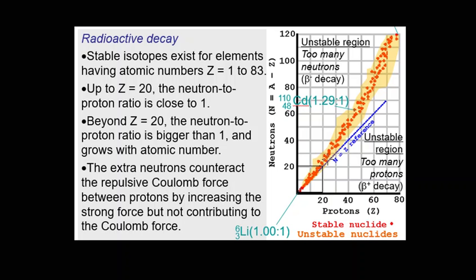After that, you start gaining more and more neutrons until you have way more neutrons than protons, and it just all becomes kind of ridiculous, and nothing wants to stay together because the Coulombic force is able to overcome the strong nuclear force just by sheer numbers and distance. Okay.